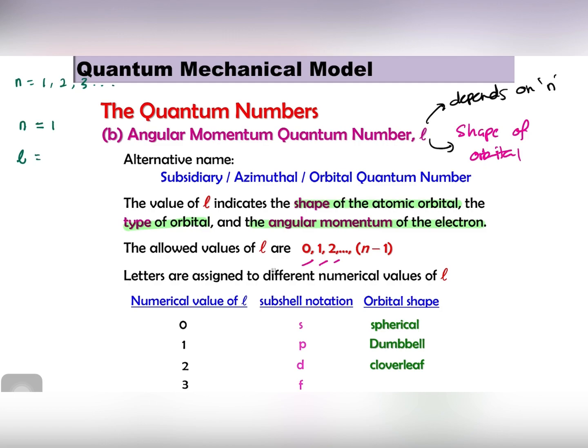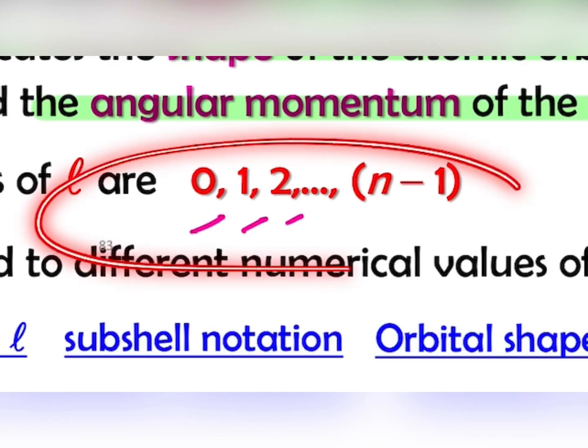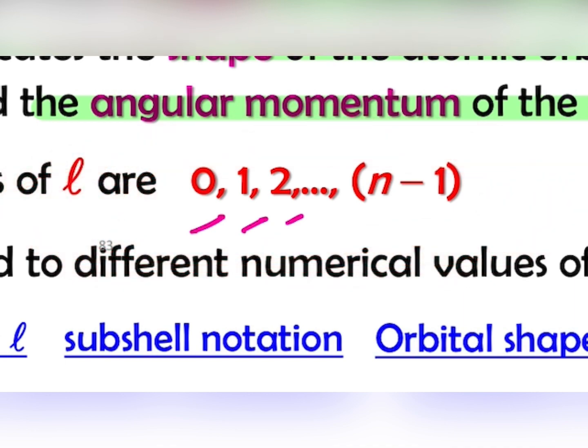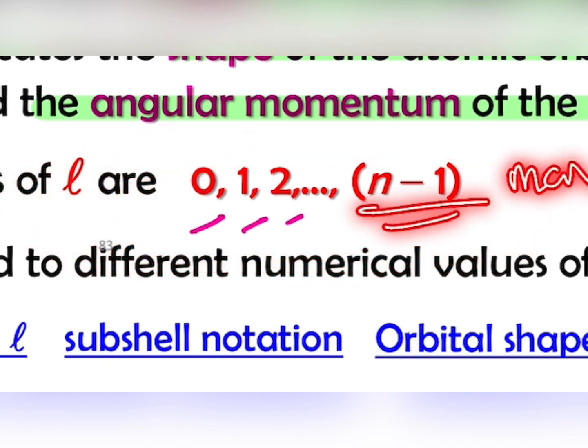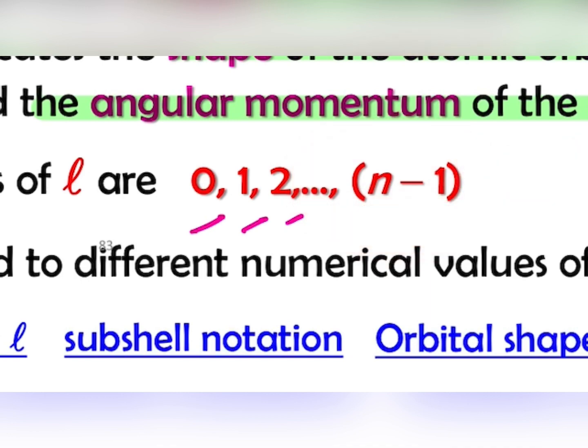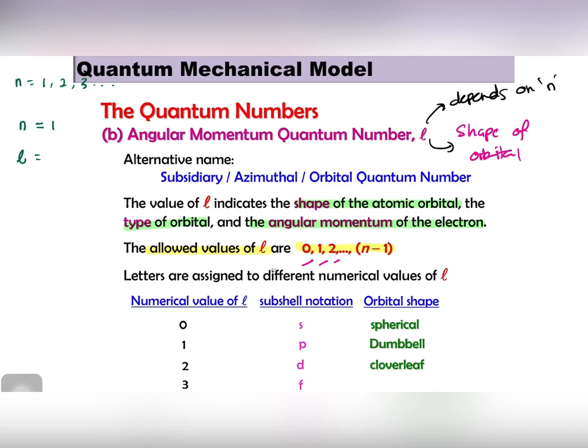L must start from 0 up to its maximum, N minus 1. So N, 1 minus 1 equals 0. So for N equals 1, the value of L, the angular momentum quantum number, is only 0.